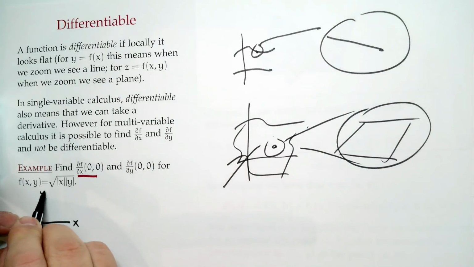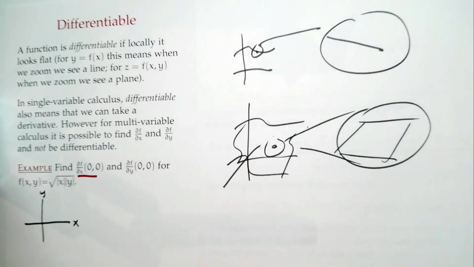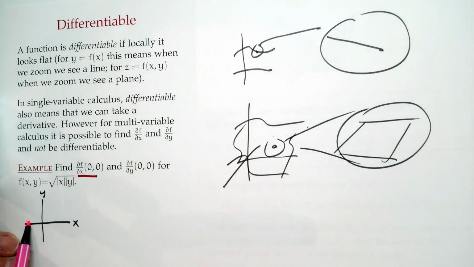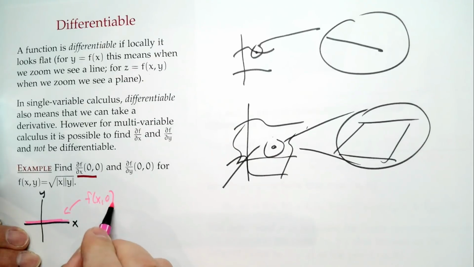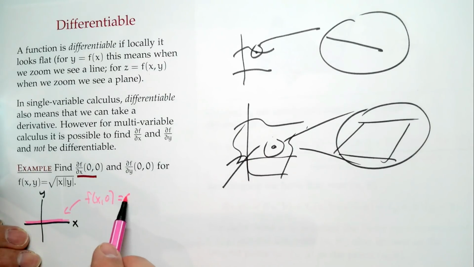This is my domain. And I want to say what's happening when I'm holding y to be 0. So I'm looking just along the x-axis and saying, what's my function behaving like? Well, what is my function behaving like? So if I look at f of x comma 0, what do I get when I plug in x comma 0? You get 0. What's the derivative of 0? 0. Okay, good. You know that one.